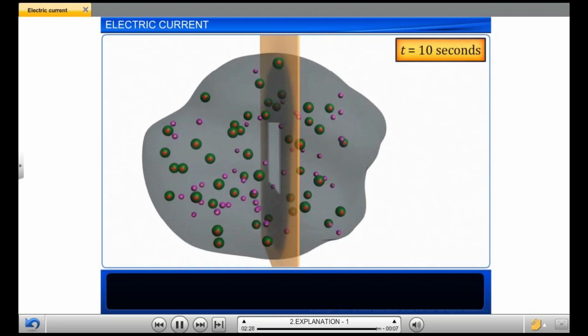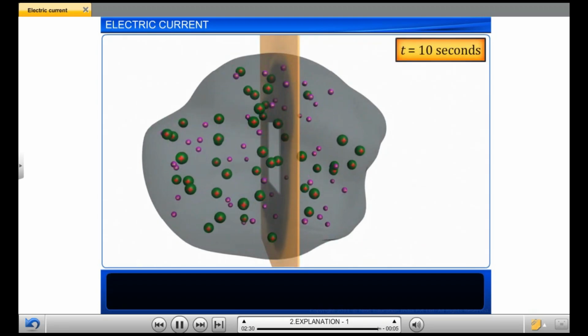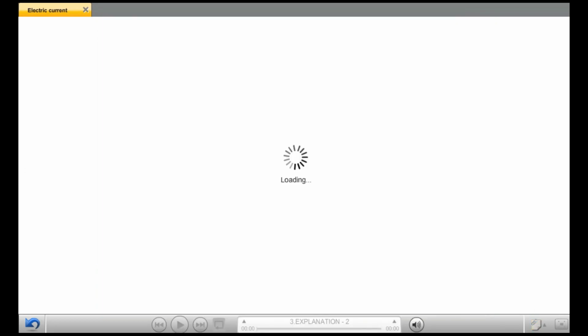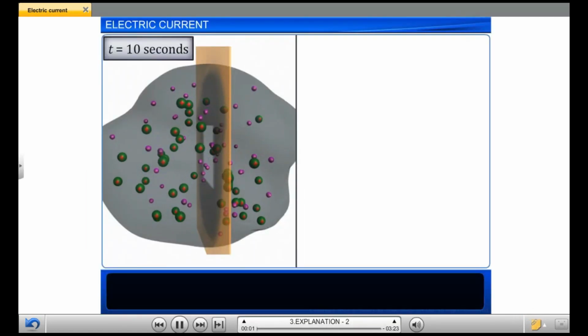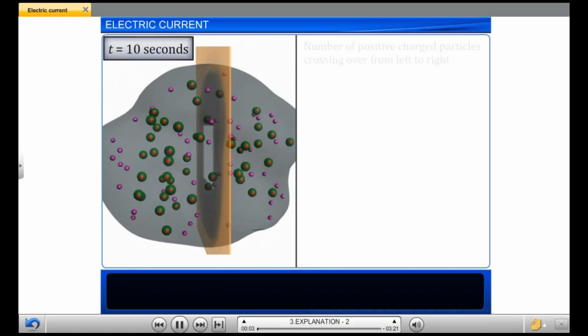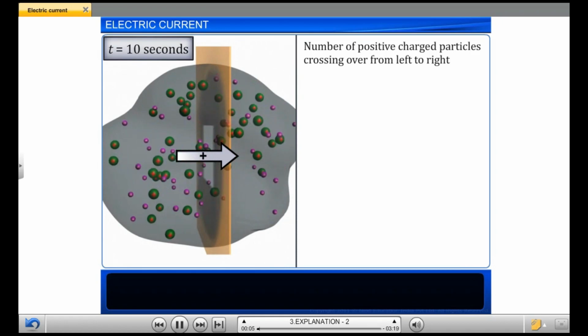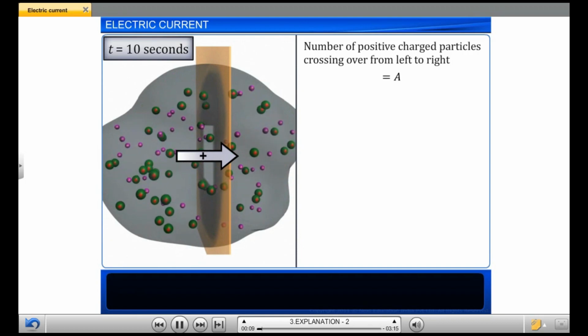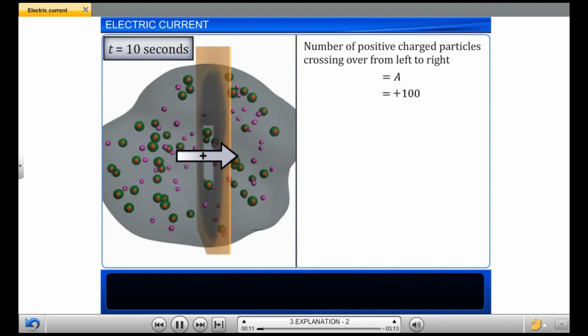In time t, which is equal to 10 seconds, let us assume that the number of positive charged particles crossing over from left to right is equal to A, which is equal to plus 100.